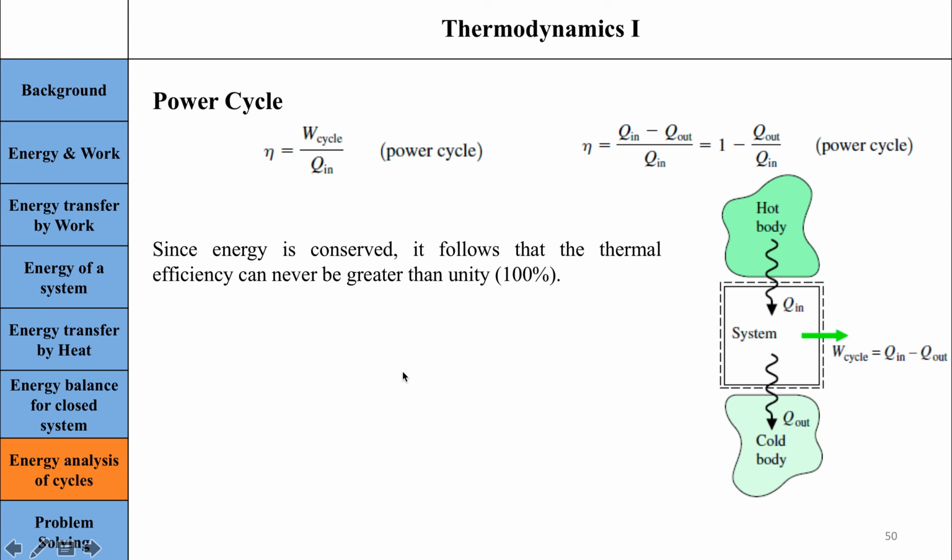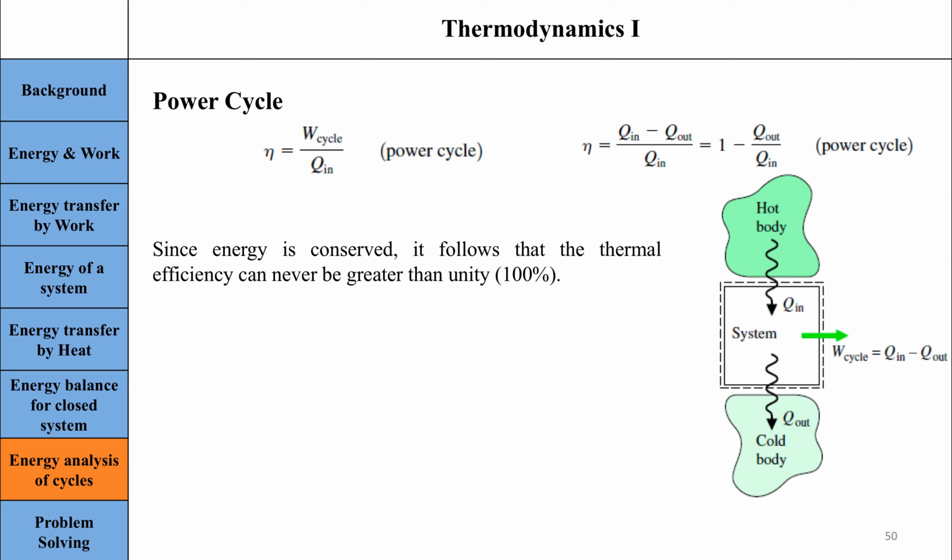If we had, say, a higher amount of work done than the heat that we are supplying in, then it would break the first law. Then that means that energy is not being conserved. Energy is being created somewhere. That cannot happen.